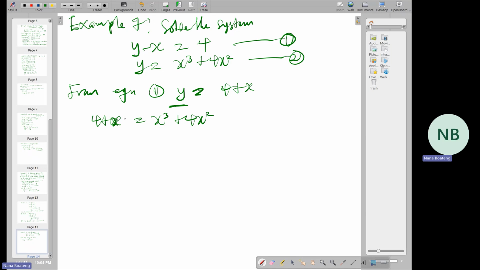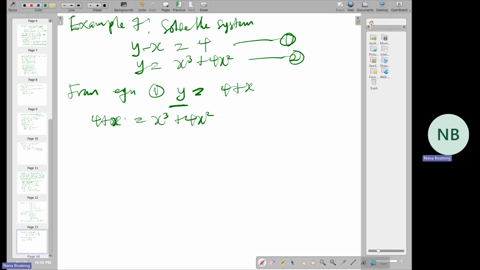So we have 4 plus x is equal to x cubed plus 4x squared. So here we can factor.